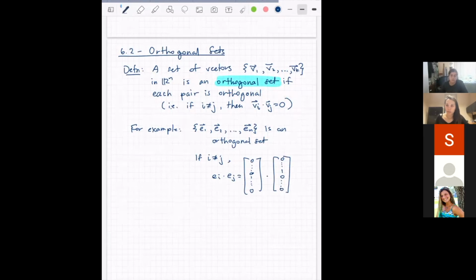So the ones occur at different positions. When you multiply the corresponding entries, one of them will always be 0, a 0 times something, which gives you 0. And when you add all those up, you get 0.